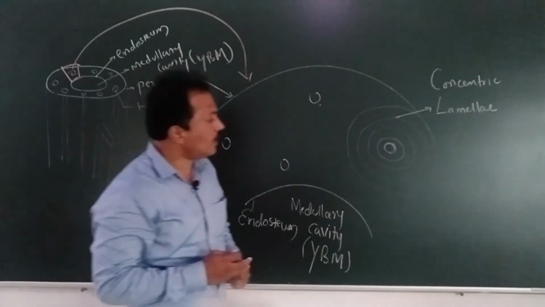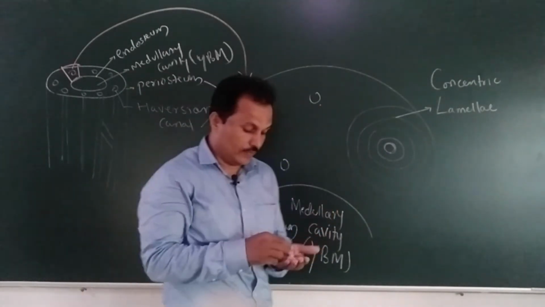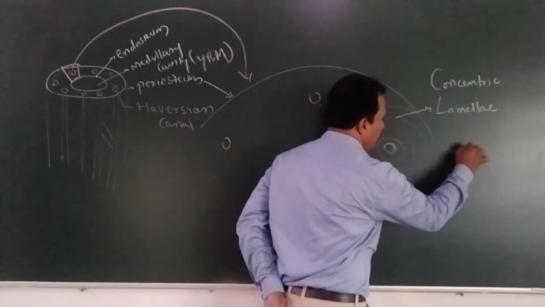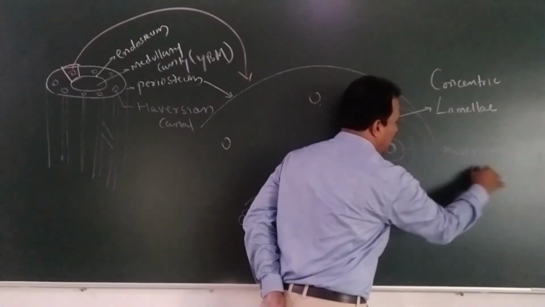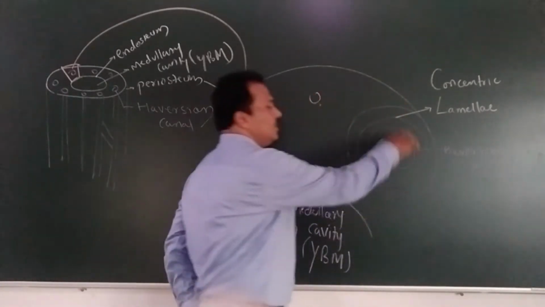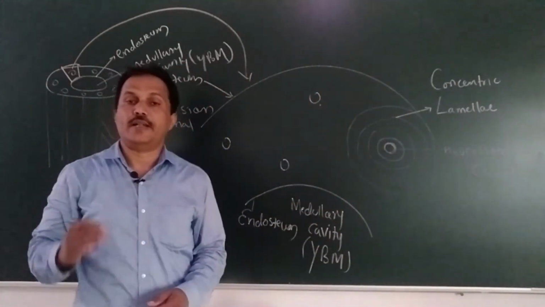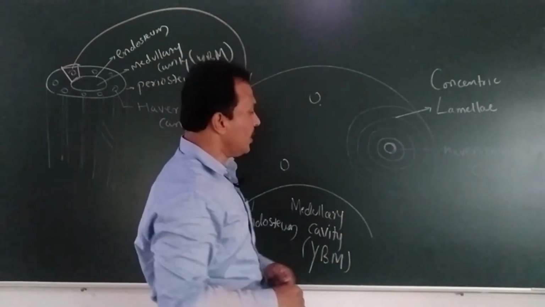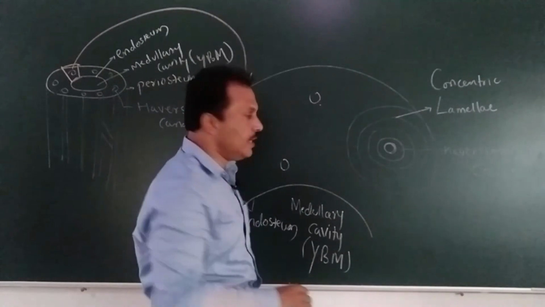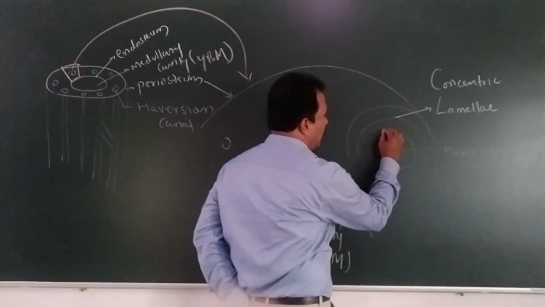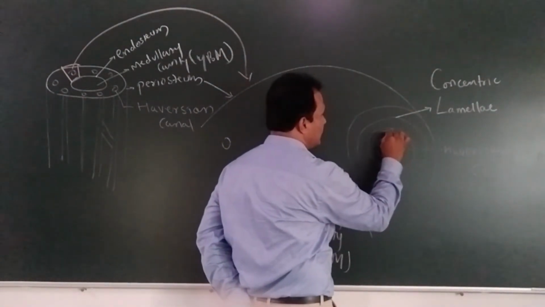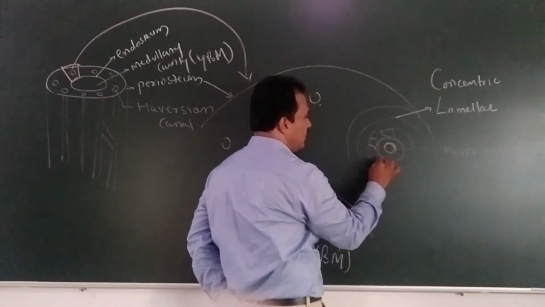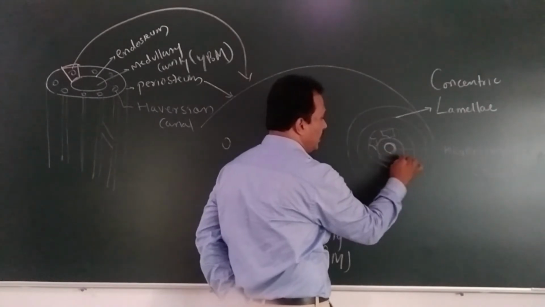This is the Haversian canal, and surrounding it the bony matrix material is layered into different concentric layers. If you look at one layer, you will find irregular spaces in this bony matrix, the cementing material.